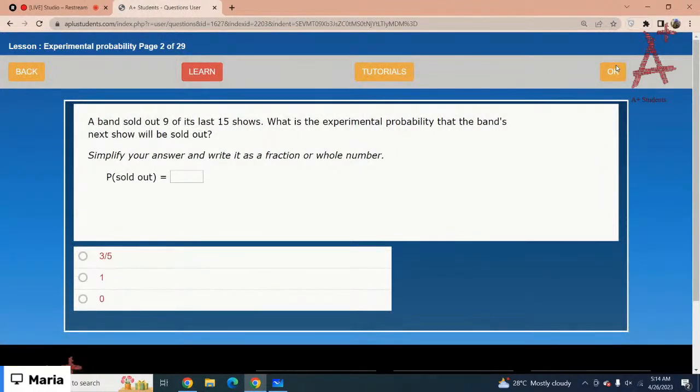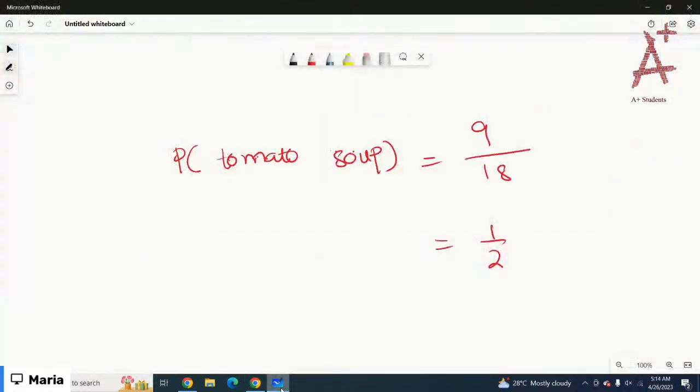Okay, a band sold out 9 of its last 15 shows. What is the experimental probability that the band's next show will be sold out? So the total shows are 15, and out of 15, 9 were sold out. So the probability of sold out is 9 over 15, because the total shows are 15 and out of 15, 9 were sold out.